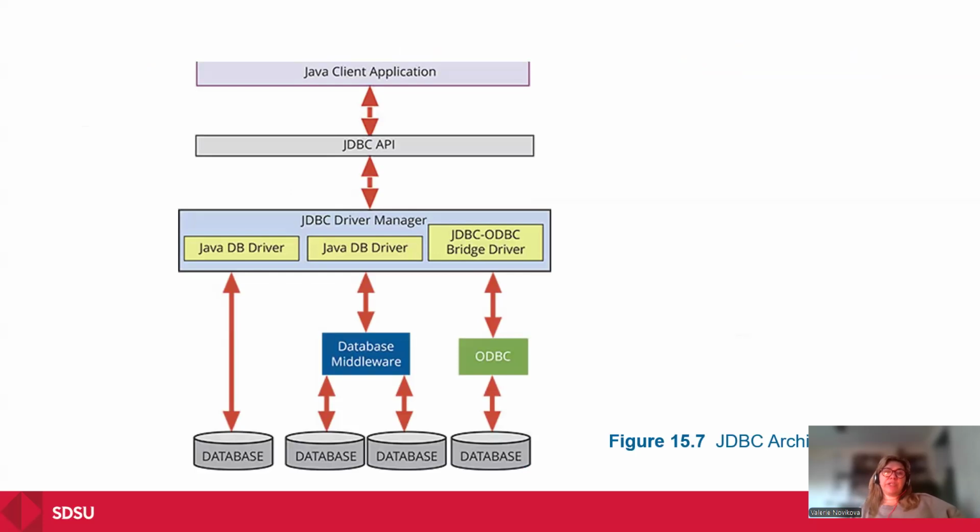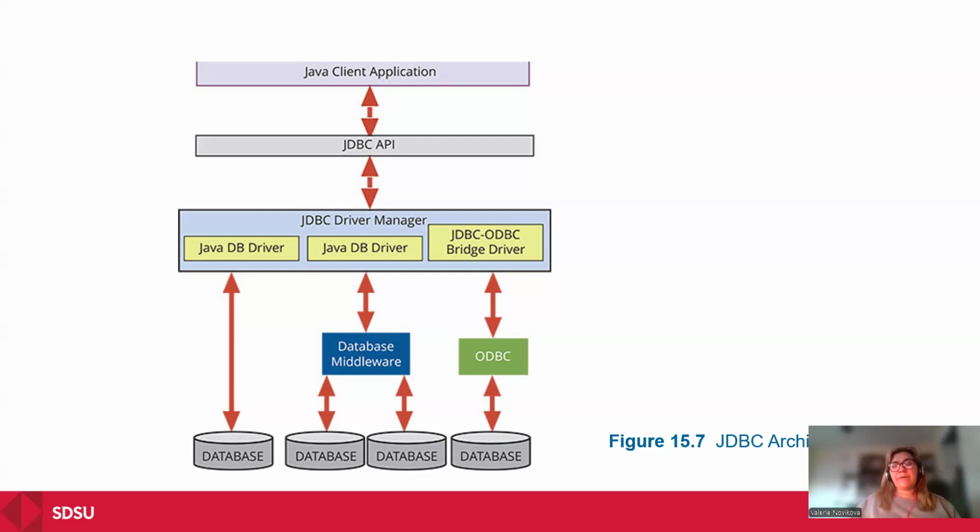The diagram for JDBC is, again, very similar to the previous two. We have a Java application, the JDBC API, application programmer interface, which we're going to talk about in a few minutes. Then there is a driver manager. And on the bottom, we have different databases, data sources.